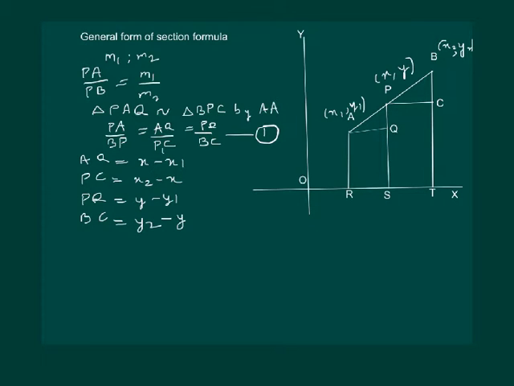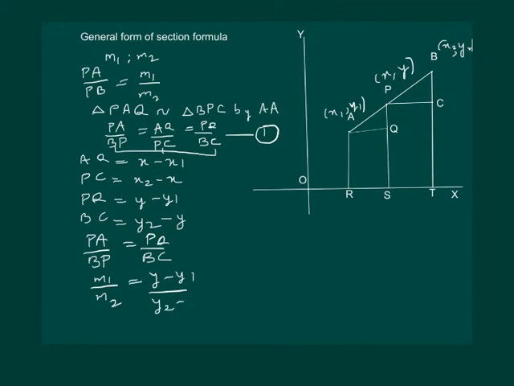Similarly, using the second part, we get PA by BP equal to PQ by BC, which will give us M1 by M2 equal to y minus y1 by y2 minus y, which on solving will give us y equal to m1 y2 plus m2 y1 whole by m1 plus m2.